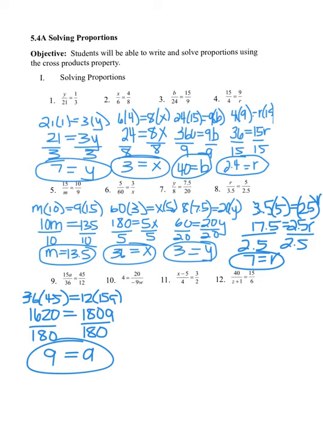If you look carefully at number 10, we have 4 equals 20 over negative 9w. Anytime you have a whole number, remember, whole numbers are always over 1, even if it's not written. So we can make a fraction where there wasn't a fraction there. Then we can cross multiply. We can do 1 times 20 equals negative 9w times 4.